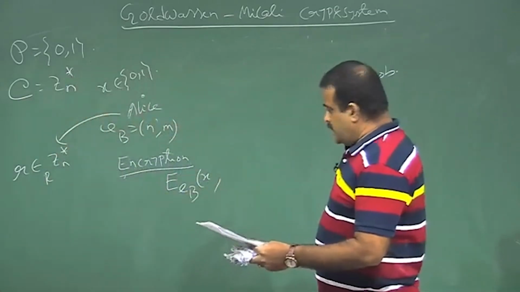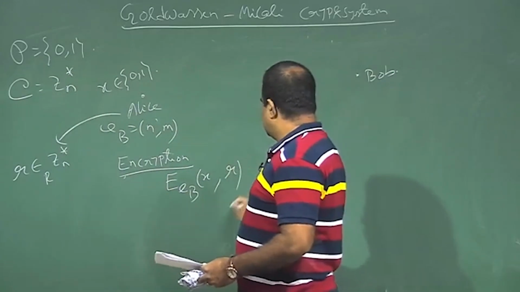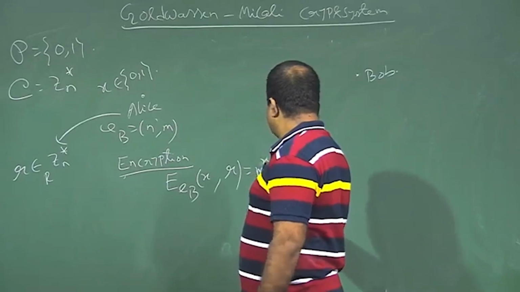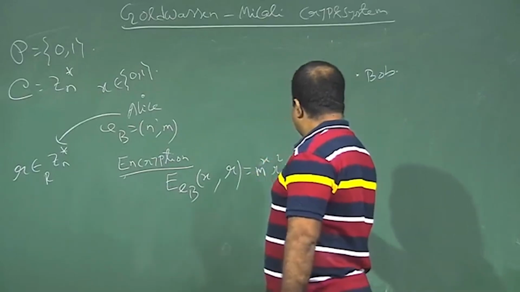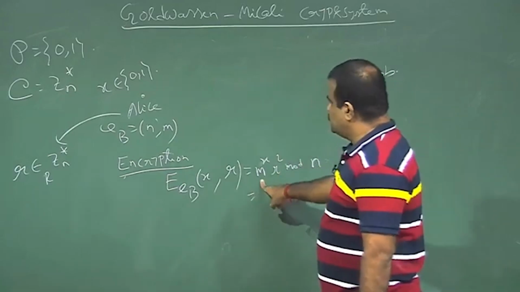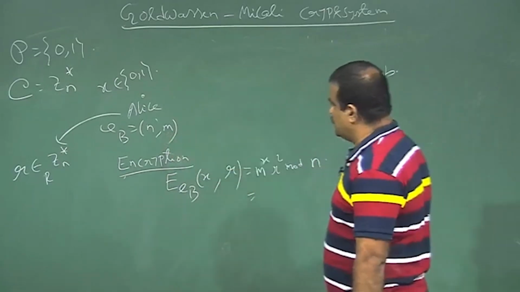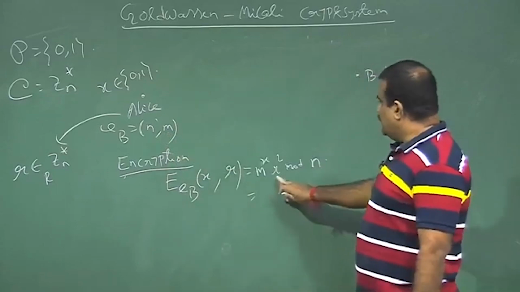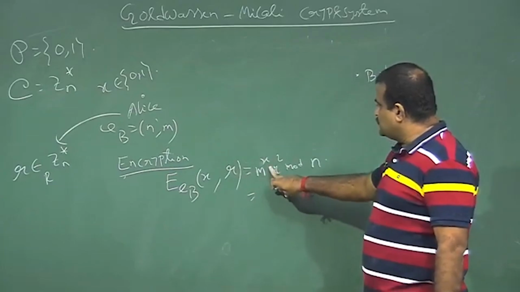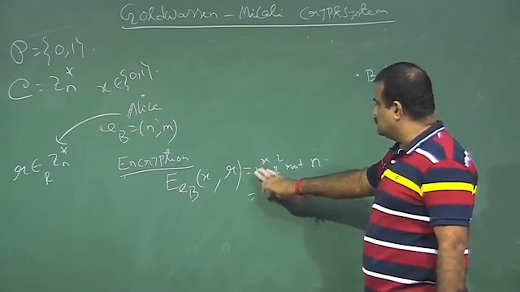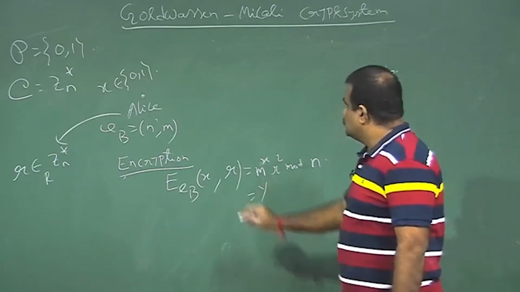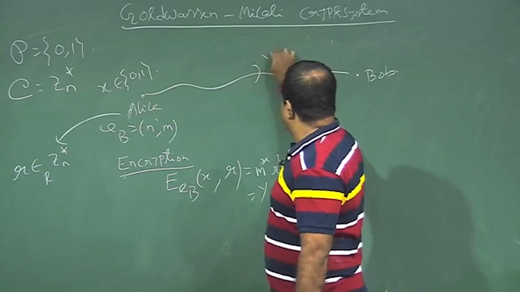The encryption along with R is m to the power x times r square mod n. M is one of the public parameters of Bob, R is chosen by Alice, and Alice can compute m to the power x. If x is 0, this is 1; if x is 1, this is m. So this is y, the ciphertext, and y is sent to Bob.